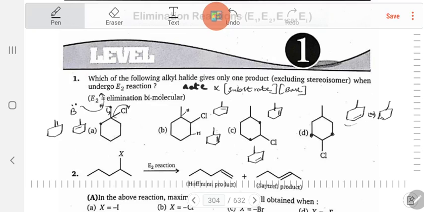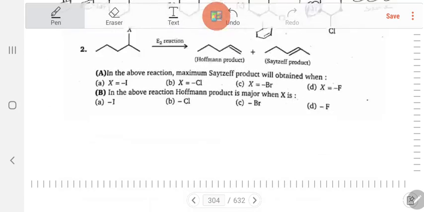Here both are same, so there is no difference. So the correct option for question number 1 is option D. That means when it is E2 elimination, irrespective of which beta hydrogen is abstracted, you always get the same type of product.